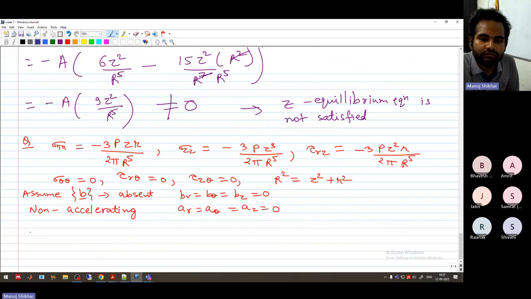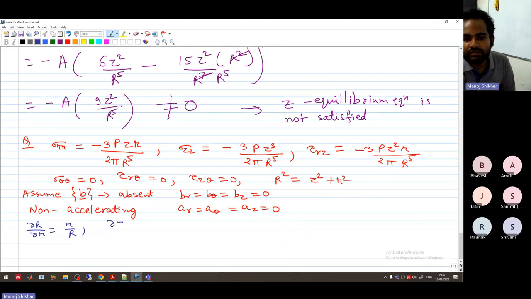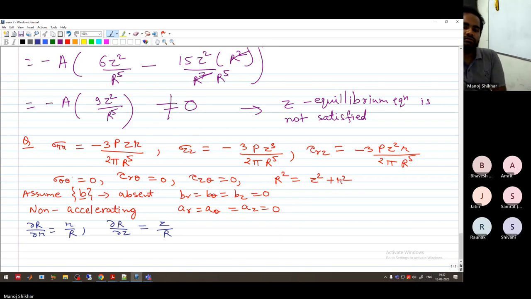Okay. Now, first, del r upon del small r is small r by r as calculated in the last question. Okay. Del r upon del z is z upon r. Okay. So this is what we have calculated earlier.